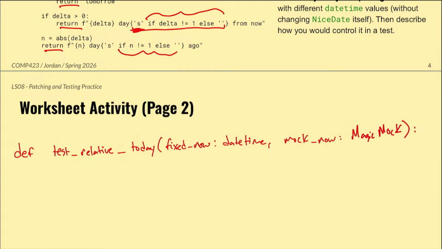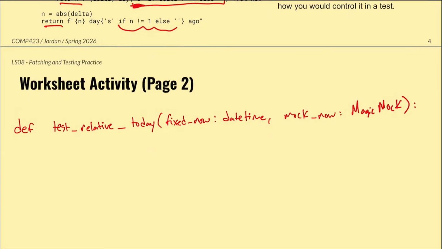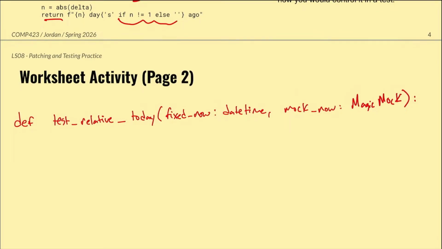But generally, the default is the fixtures always get rerun just before the test that needs them as setup, right? So now when PyTest goes to run our test relative to today, this would get evaluated, and mock now would run, and both of those fixtures would be called to set this function call up.